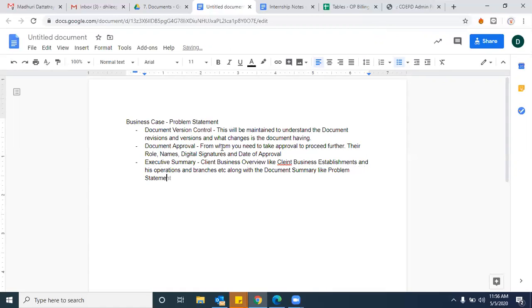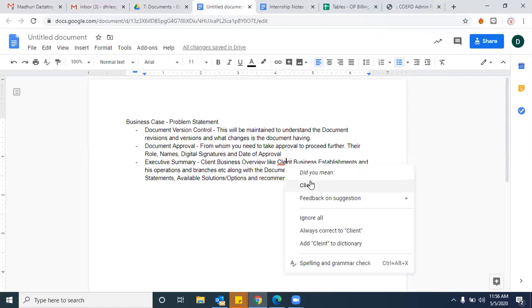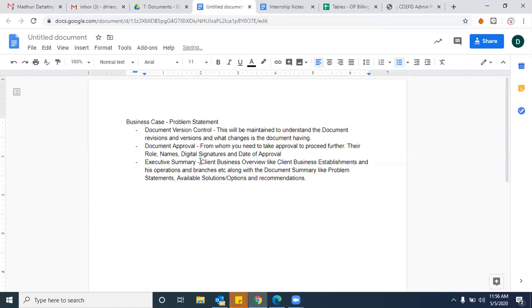The problem statements, available solutions or options, and recommended solutions, right or wrong? Okay, so this is what the executive summary is all about. Guys, is that clear so far? Yes, Dilip. Ritika and Karthik? Yes. Yeah, Dilip. Okay.